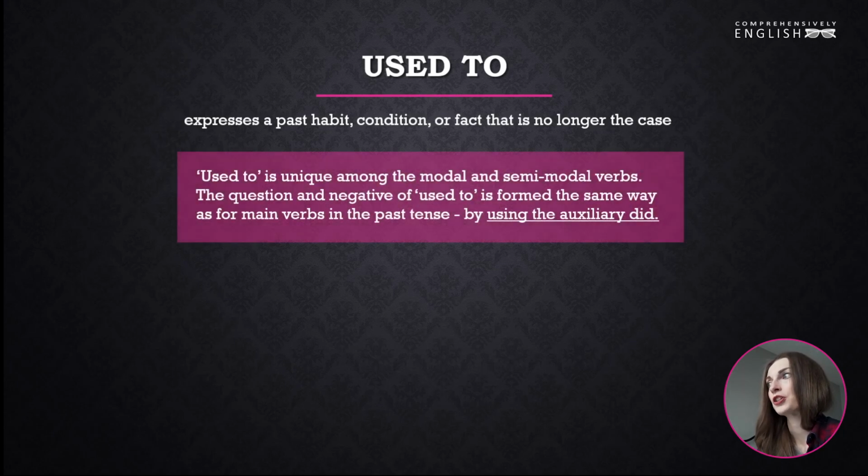And it is very special because it's unique among the modal and semi-modal verbs. The question and negative of used to is formed the same way as for main verbs in the past tense, by using the auxiliary did. You just have to remember it. Yeah, you just have to memorize what used to means and how we use it. It's unique in the language.